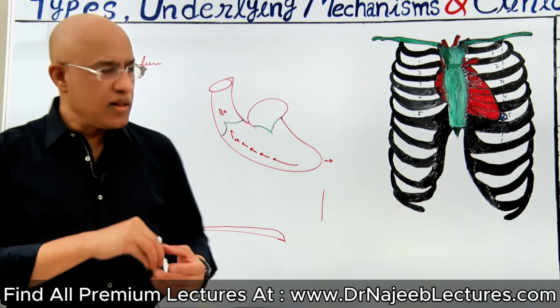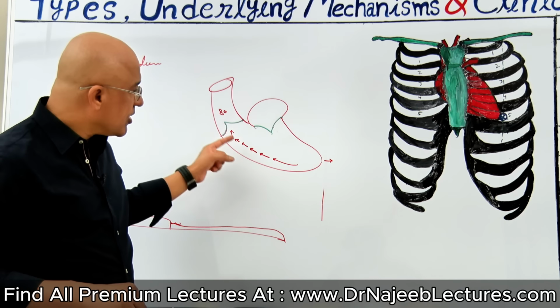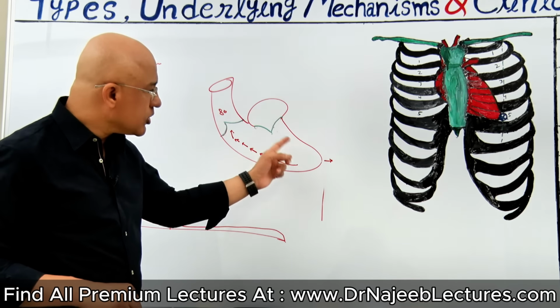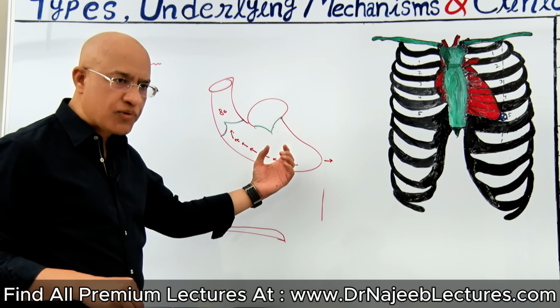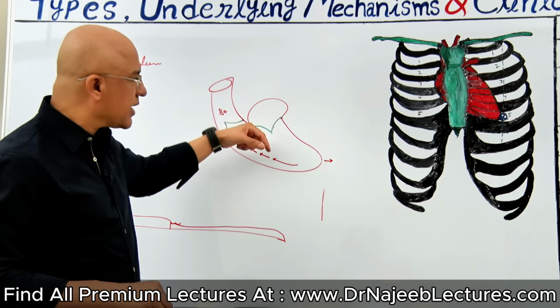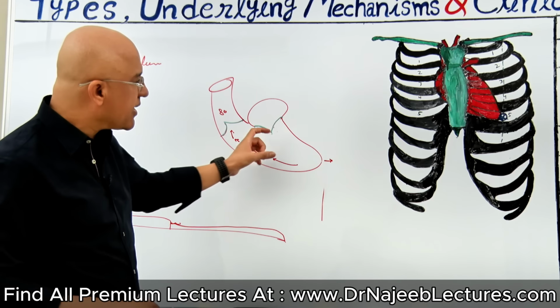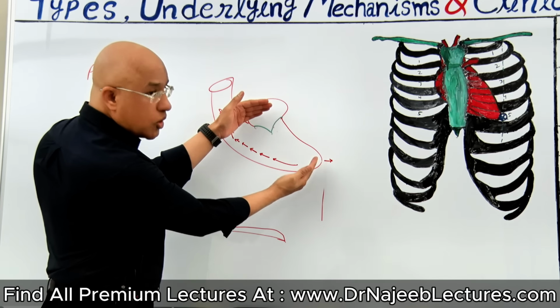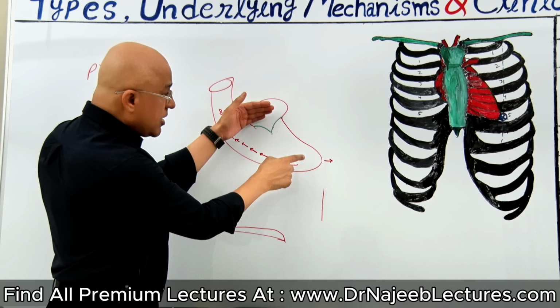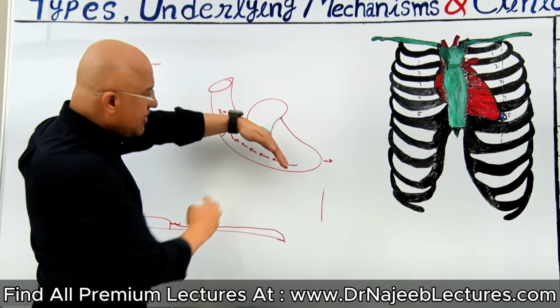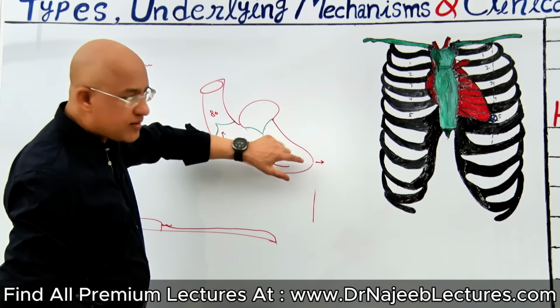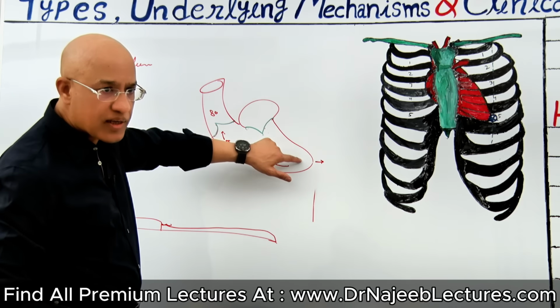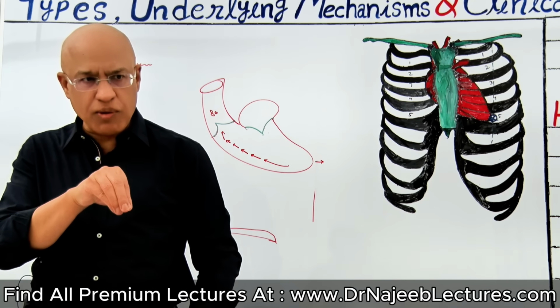During this phase, the longitudinal fibers, which are the deepest fibers of the myocardium, and then there are the spiral fibers. When longitudinal fibers contract, it shortens from apex to base, but with that it also kicks forward the tip of the left ventricle, and the spiral fibers also contract.